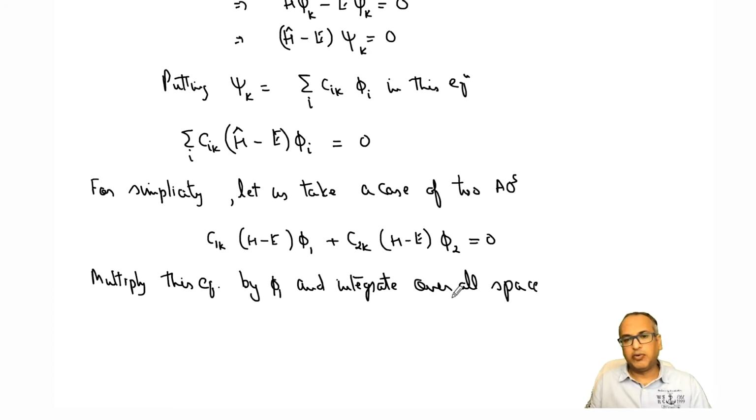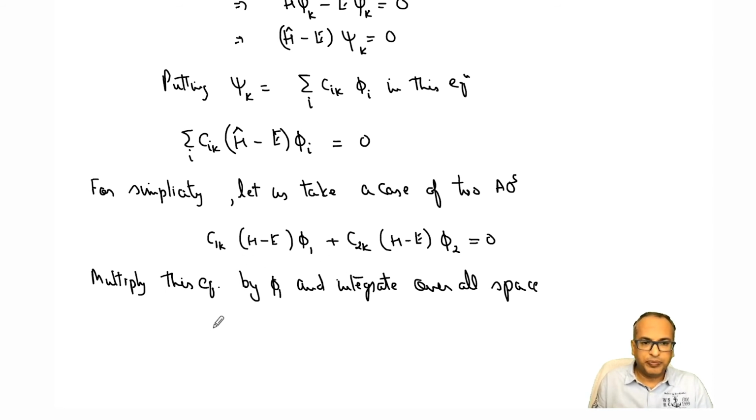When I say integrate over all space, I mean integrate within the boundary conditions of this atomic orbital, beyond which it will cease to act as an eigenfunction. But in general, we just write d tau so that we don't have to define the limits here. So we multiply both sides by phi 1 and then integrate.